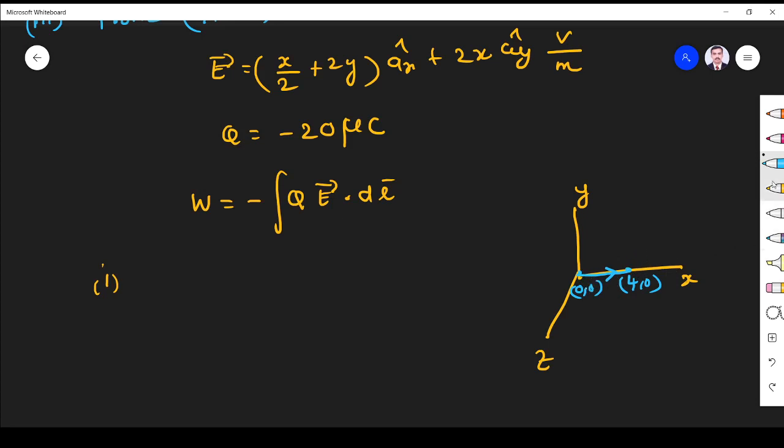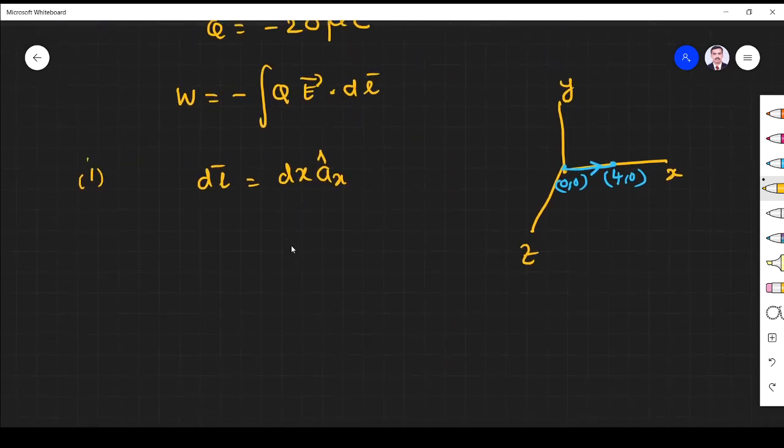For this displacement vector, it is a Cartesian coordinate, but my charge is moving along only the x direction, so there is no y and z, so I can write dl = dx ax. For Cartesian coordinates, dy ay and dz az will come, but we move along only the x direction, so we take dx ax. Right, now we got dl. Now we substitute.